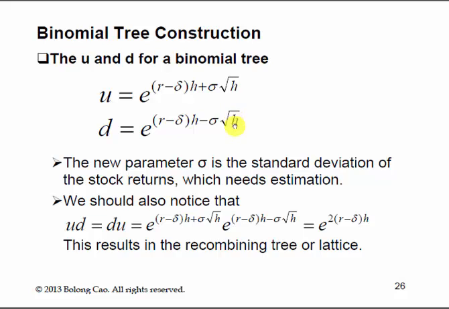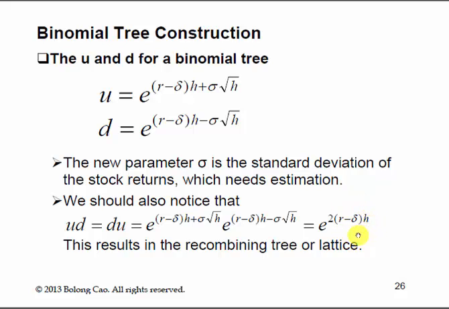We need to estimate it, and then this sigma will be adjusted using the h, the time period length. Okay, and with this kind of formulation, we do have the up and down. Okay, you put them together, we will get this.